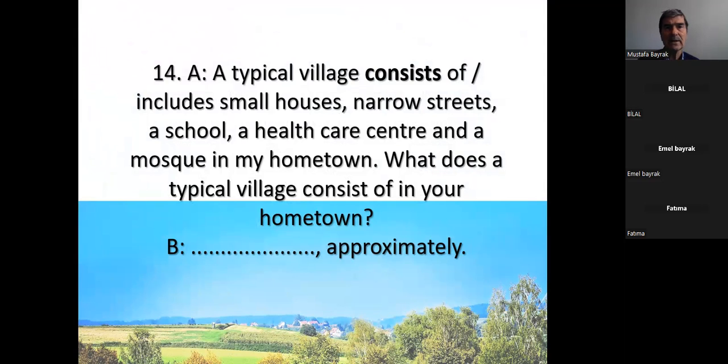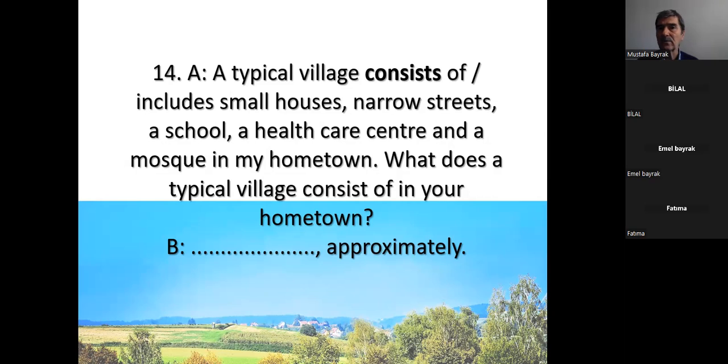For dialogue 14a, a typical village consists of or includes small houses, narrow streets, a school, a health care center, and a mosque in my town. What does a typical village consist of in your hometown? Yes, approximately can come both at the beginning or at the end of the sentence.